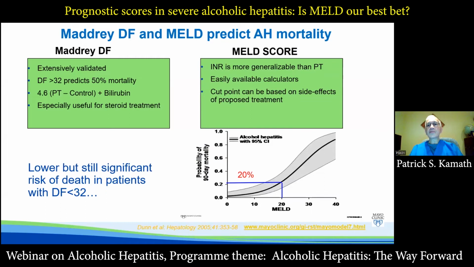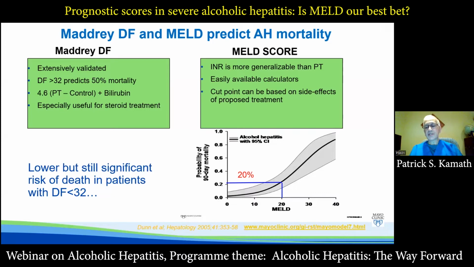The MELD score is more generalizable than the prothrombin time. There are easily available calculators for this, and the cutoff can be based on side effects of treatment. In general, a good rule of thumb to remember is MELD score of 20, approximately 20% probability of 90-day mortality.